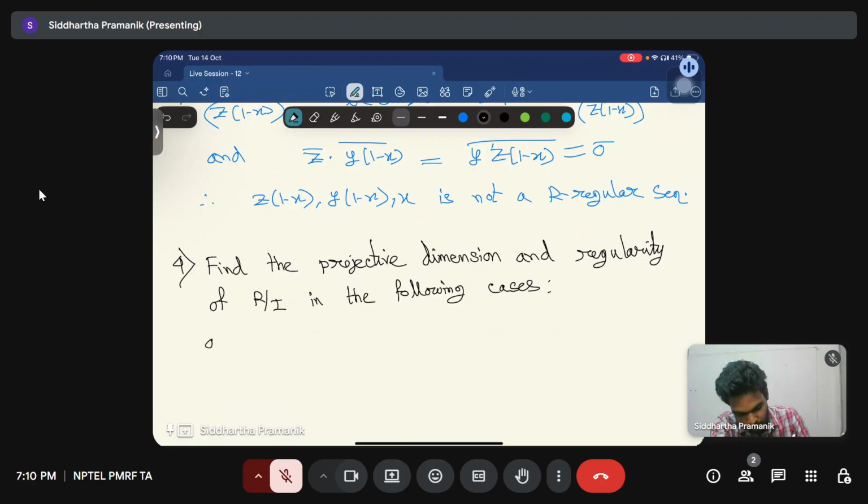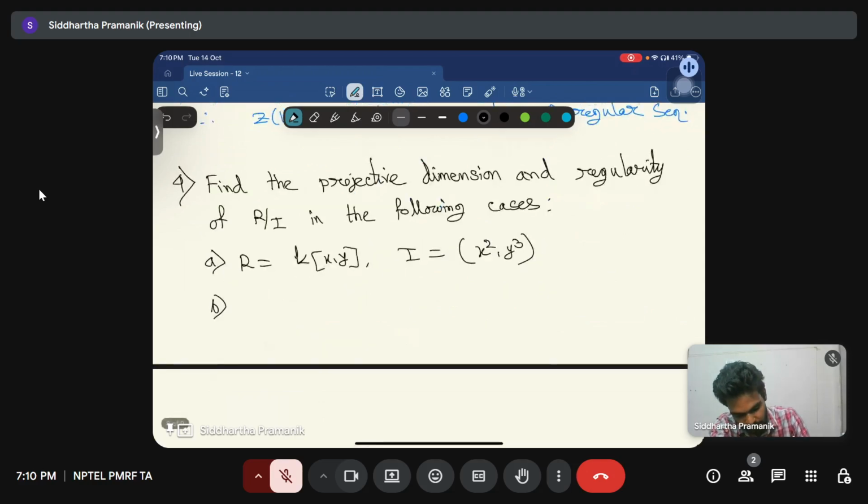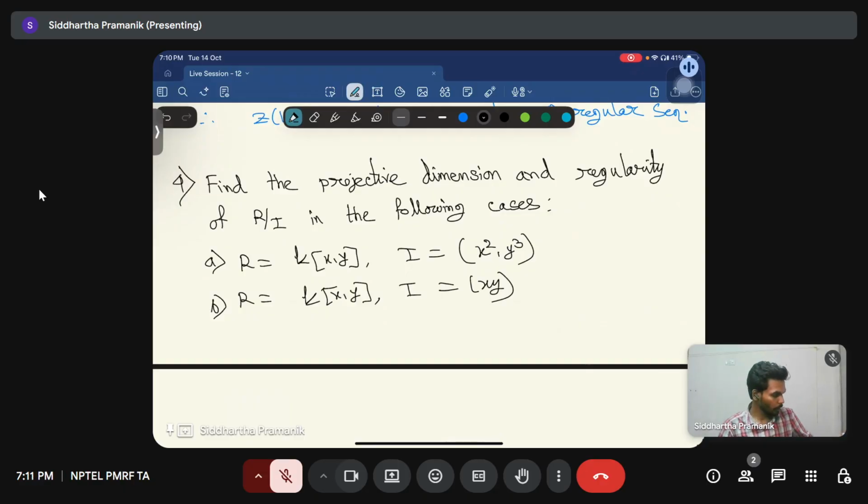The first one is R equals k[x, y] and I equals the ideal generated by x squared y cubed. The second case is again R equals k[x, y], I equals the ideal generated by x times y. Let's take an earlier example.